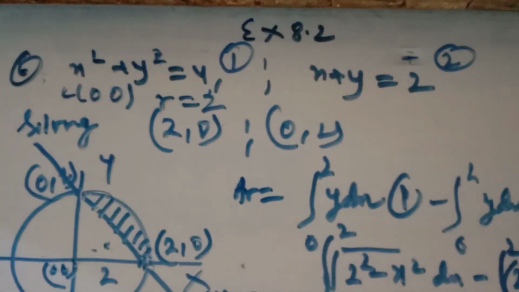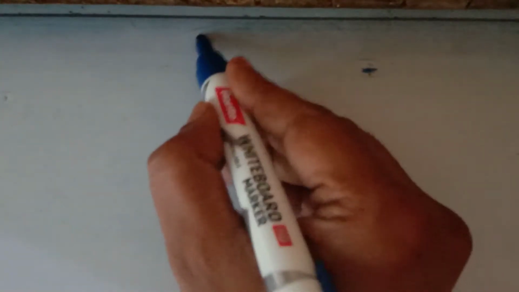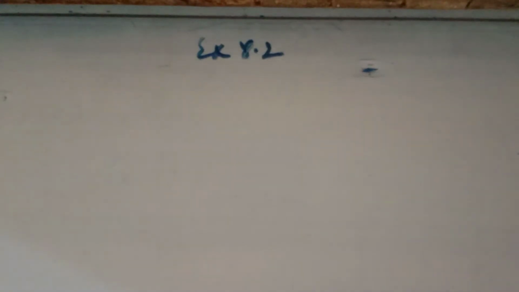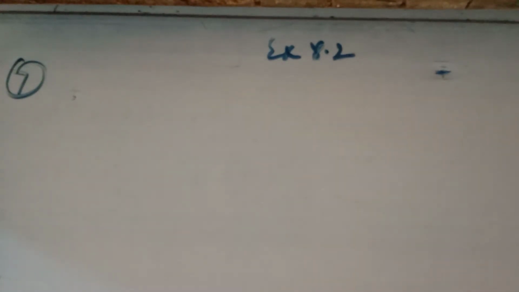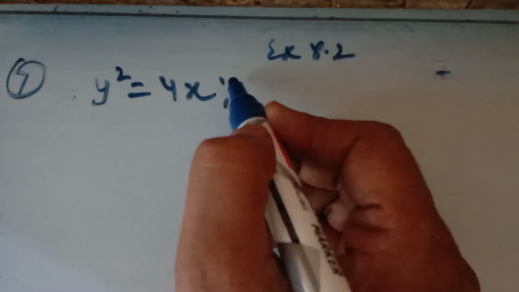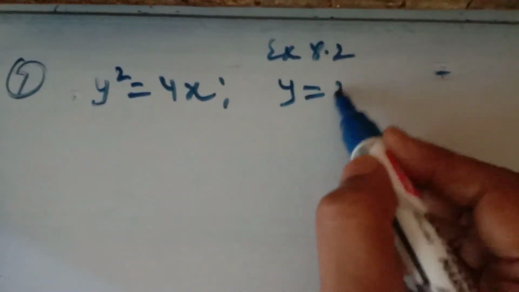This is a somewhat easy question and not a very big calculation in it. Now the last question of this exercise 8.2, question number 7, says the area bounded by the curve y square is equal to 4x and the line y is equal to 2x.